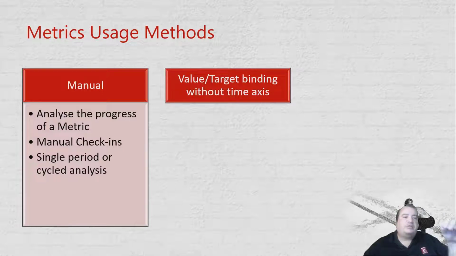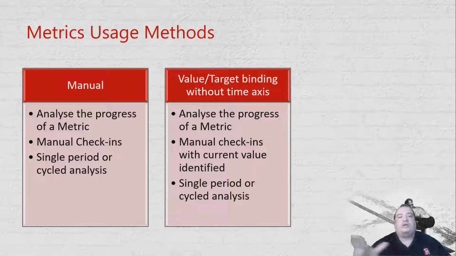We have the value for every month. This is a time axis. Or we can choose a single value in the report, point to that value and say this will be the current value of the metric, and this other one will be the target value of the metric. So, in this first example, I'm talking about not using a time axis, so using single values.